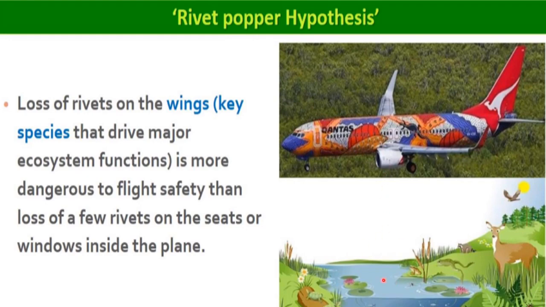Likewise, loss of some species will affect ecosystem stability more than the loss of some other species. So this is called the Rivet-Popper hypothesis given by Paul Ehrlich.